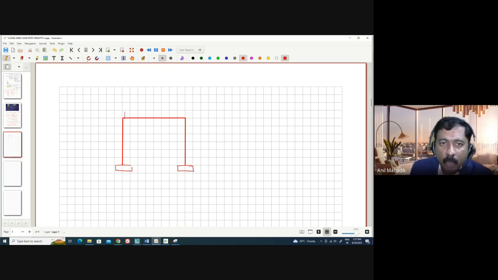And load can be shown like this. Let's say this is your slab. So load can be shown like this, or it can be shown like this also. Now this is your slab, this is your wall.